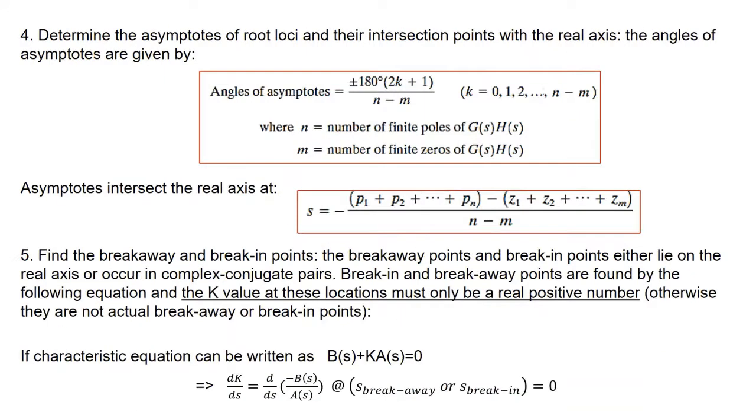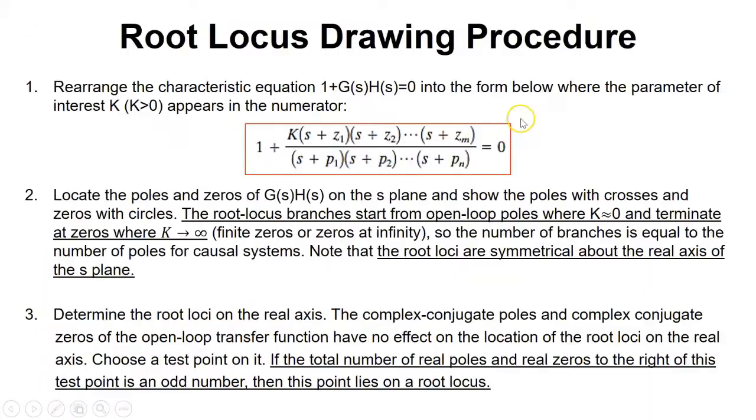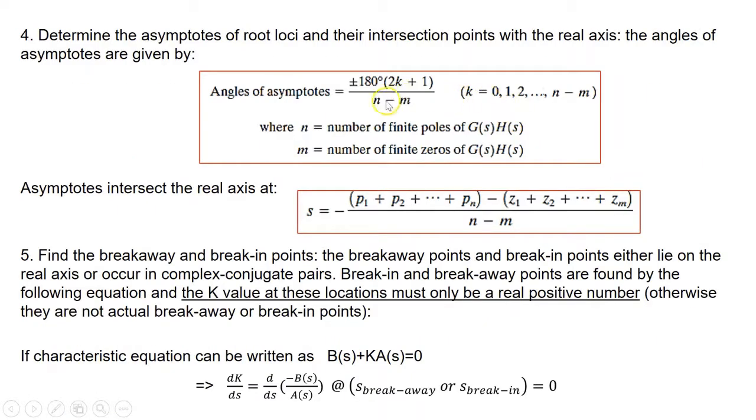So it says, what are the angles of the asymptotes? The angles of the asymptotes are plus minus pi times (2k plus 1), the term that we had in the angle condition, divided by what? The difference between the number of poles and the number of zeros.